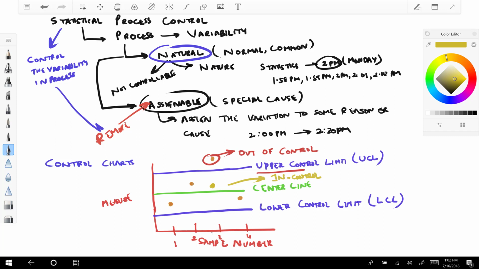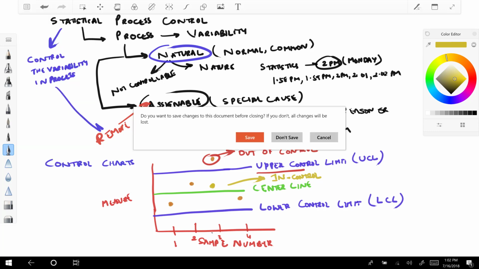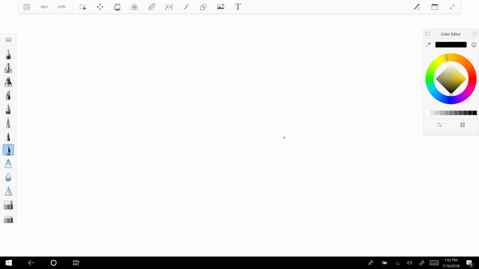Now we will try to understand what XBar charts and R charts are. So we have the XBar chart and then the R chart. XBar charts are used to monitor the mean of the process.